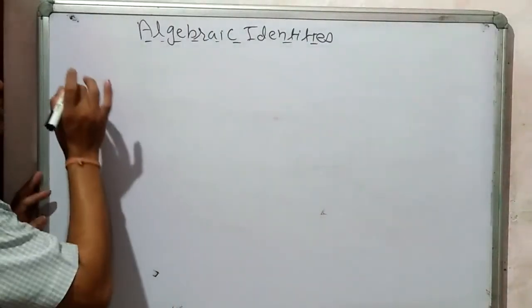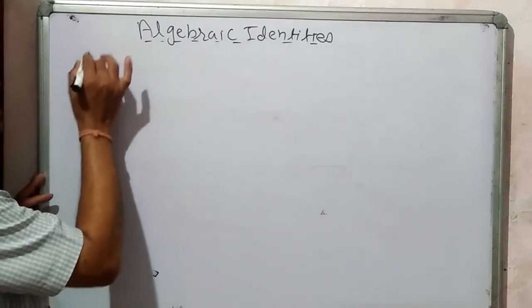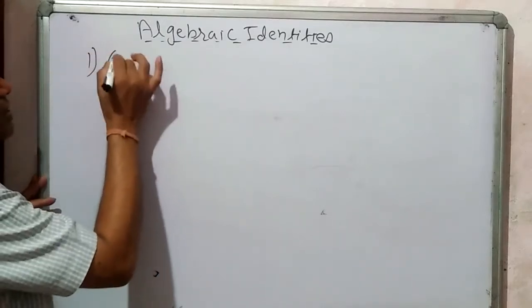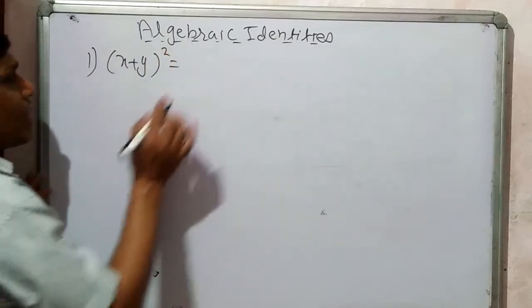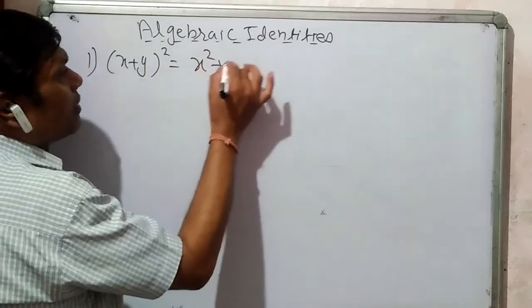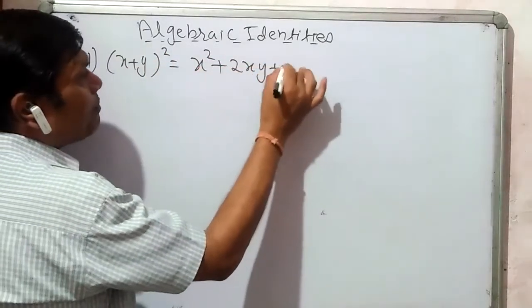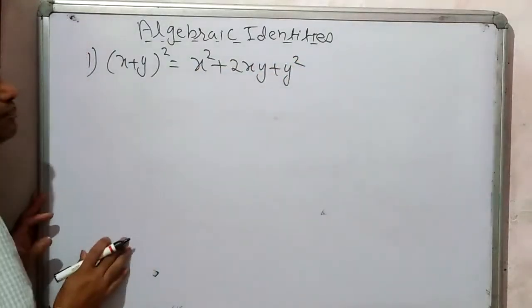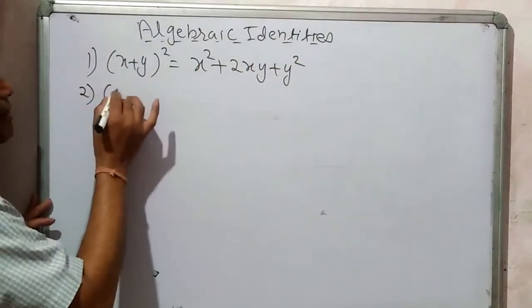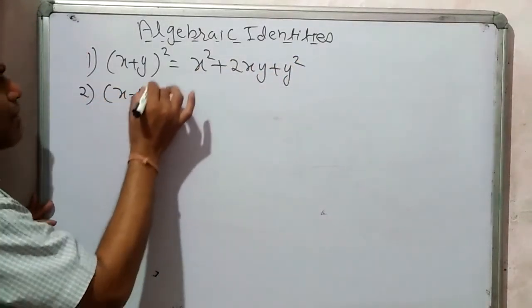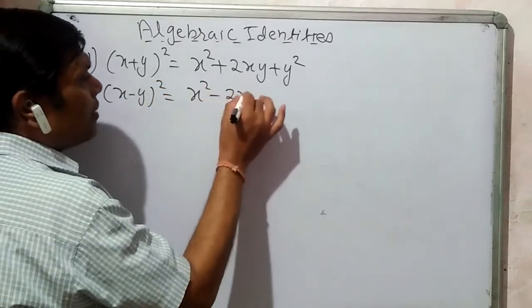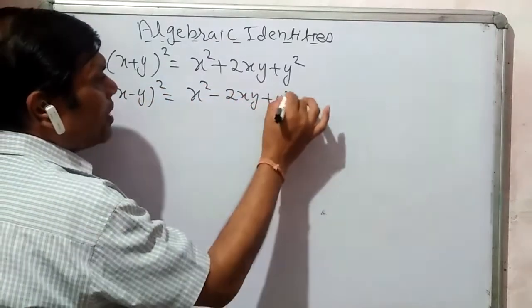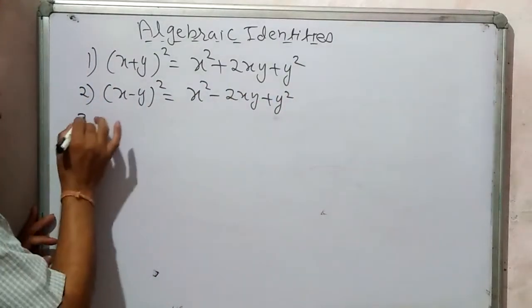Let me recapitulate them. Older identities that you studied were: the first one was (x plus y) whole square equals x square plus 2xy plus y square. The second identity was (x minus y) whole square equals x square minus 2xy plus y square.